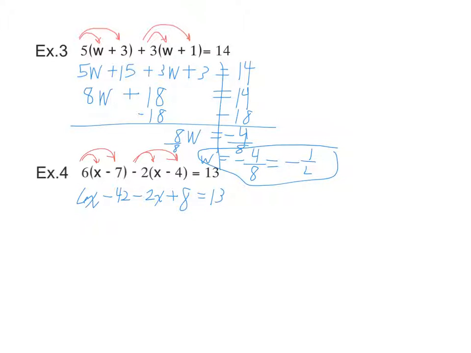Just like the last example, there's two sets of x's and then a set of numbers. I want to go ahead and combine both. They're on the same side, so I'm not going to make them opposite, just combine them together. All together, I have 8 x's in total, and then a negative 34.